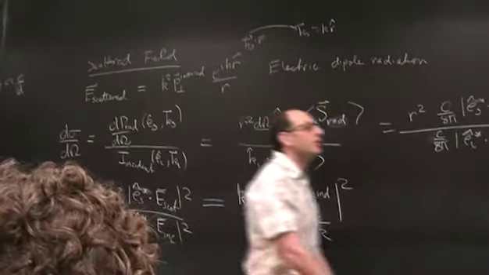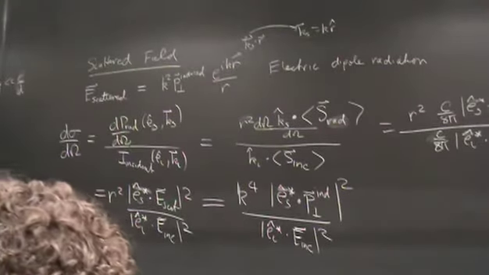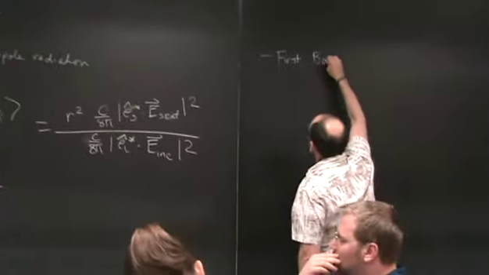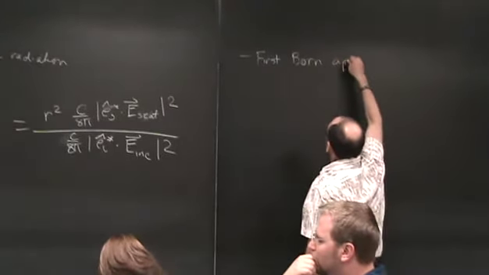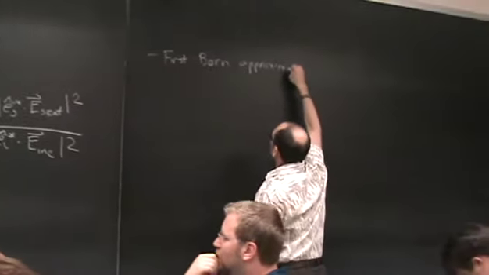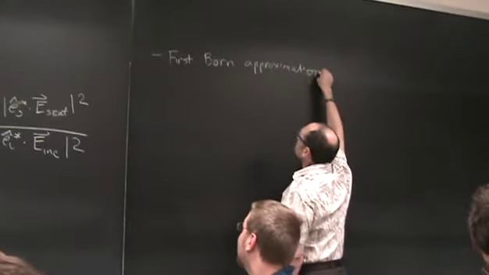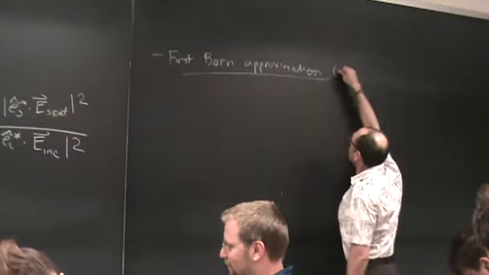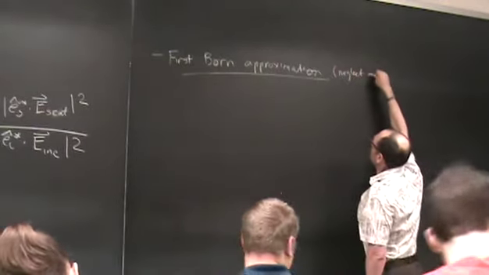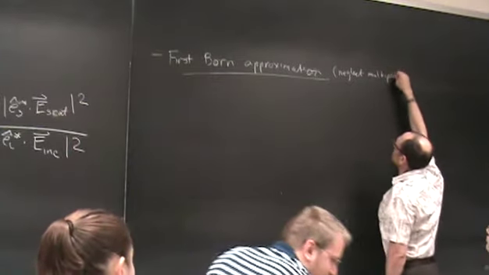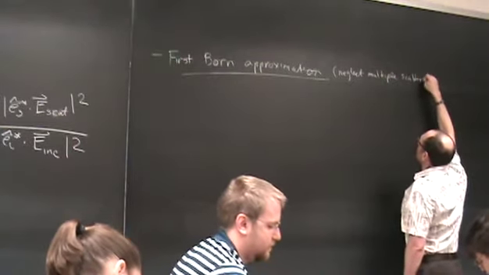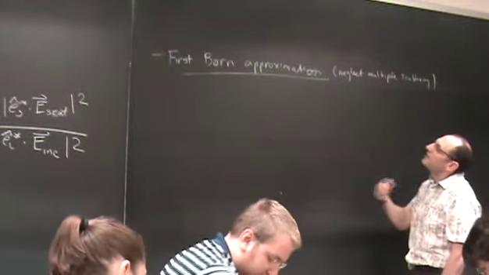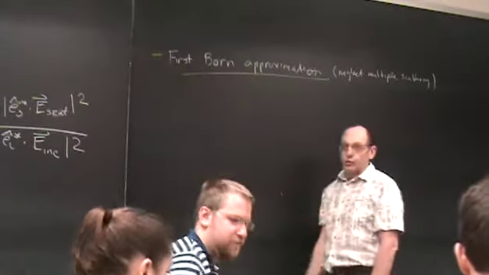The first thing we're going to do is make what's known as the first Born approximation, which is equivalent to saying we're going to neglect multiple scattering. So this is an approximation that the amount of scattering is weak.